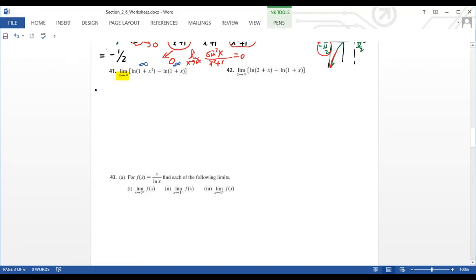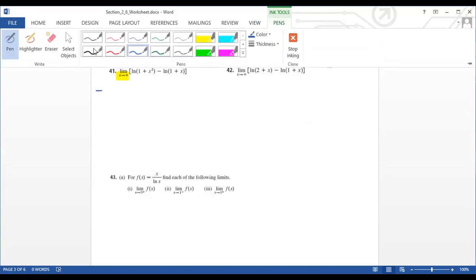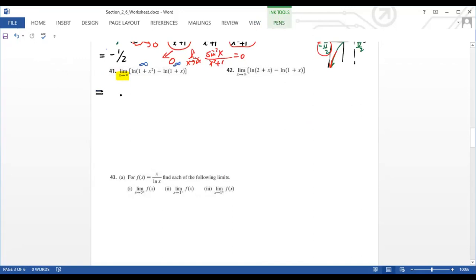But I know the natural log, when we talk about log functions, has such good properties, right? So this is x approaching infinity. What is the natural log of a difference? It is a quotient, correct?